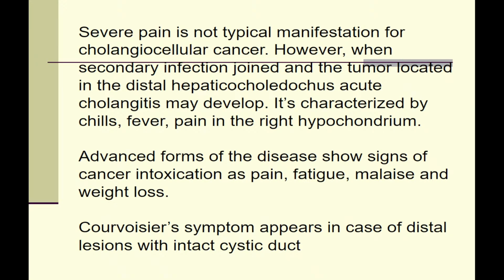Severe pain is not a typical manifestation for cholangiocarcinoma. However, when secondary infection joins and the tumor is located in the distal hepatic duct with cholelithiasis, acute cholangitis may develop. It is characterized by chills, fever, pain in the right hypochondrium.